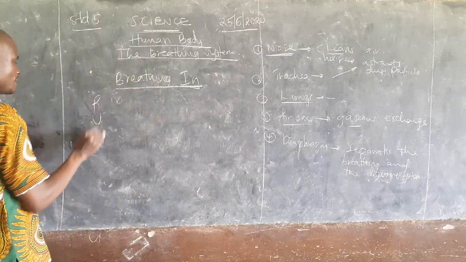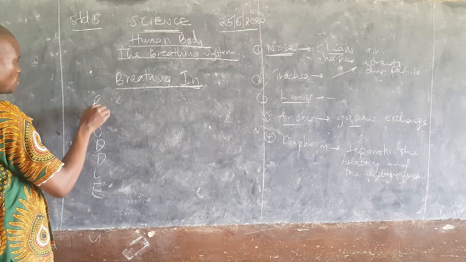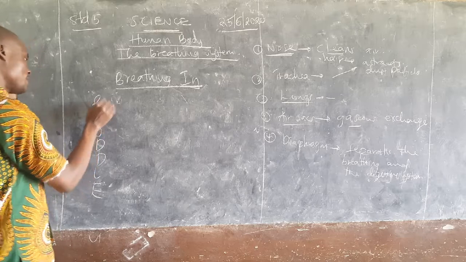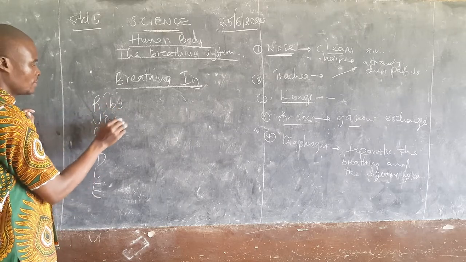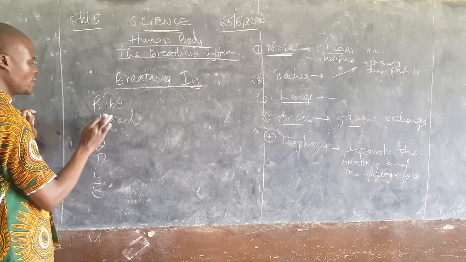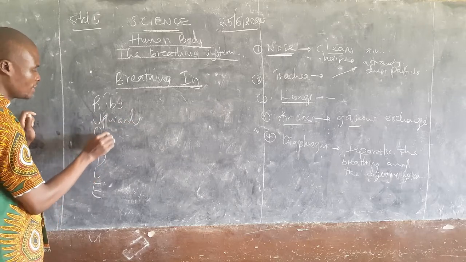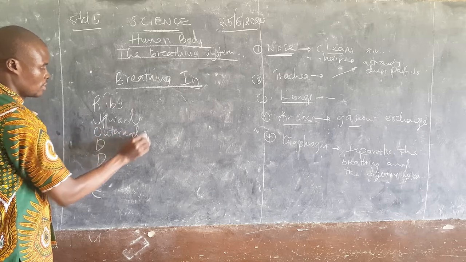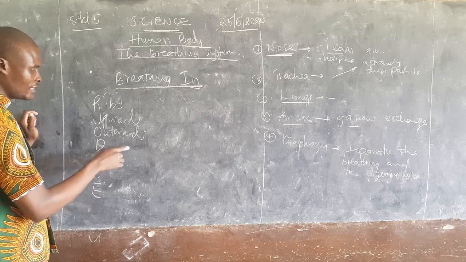We have the ribs. Let's see what happens to the ribs. The ribs will move upwards, as I have written here, and outwards.